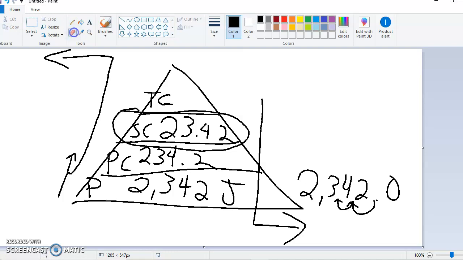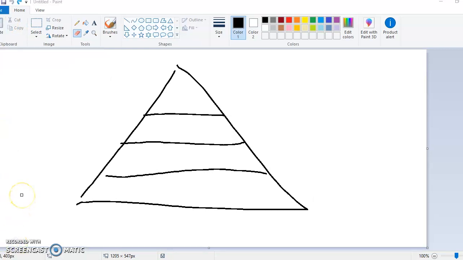So I'm going to go ahead and erase this, and I'm going to do another example. All right, so we've got another pyramid here that I'm just going to practice one more time with you. Let's say that they tell you we have 43 joules at the tertiary level.